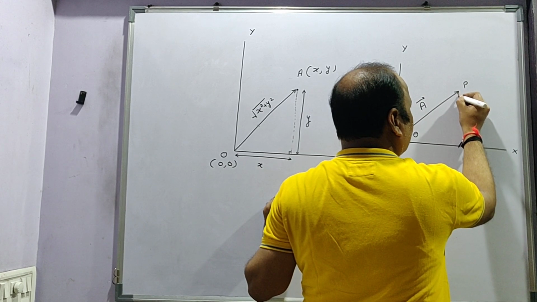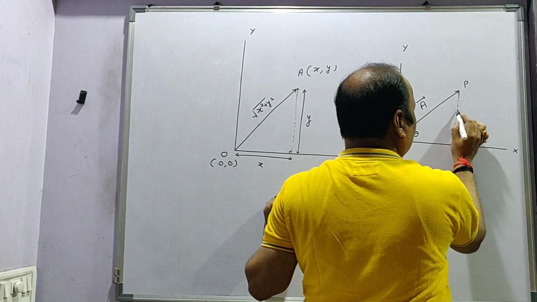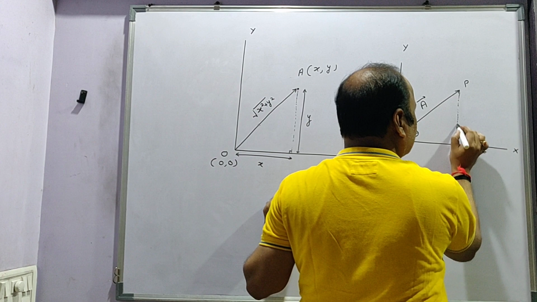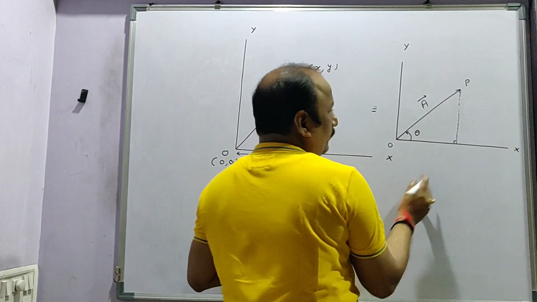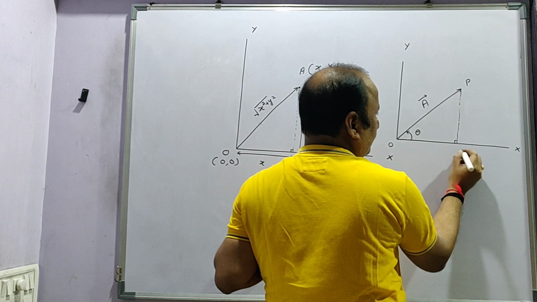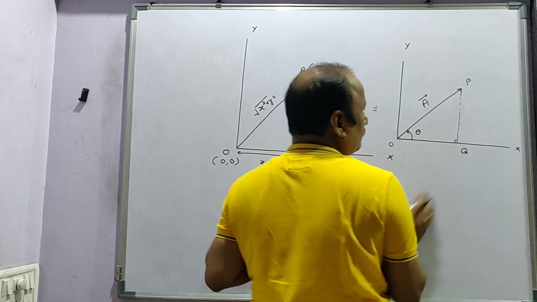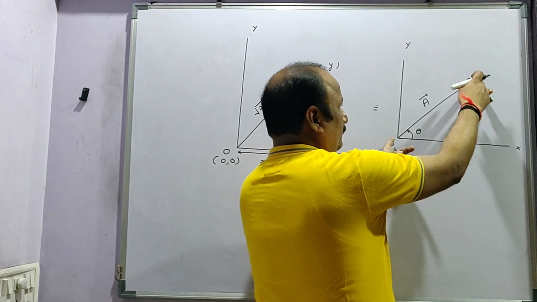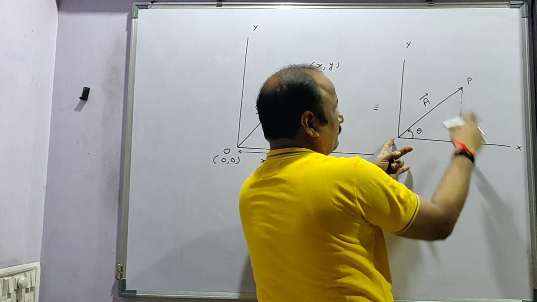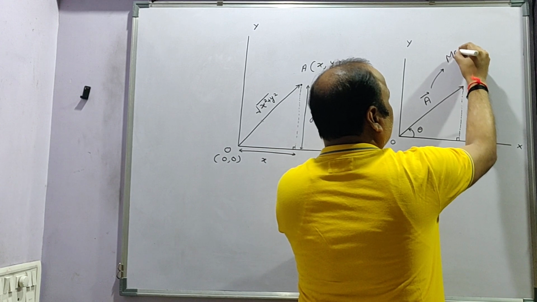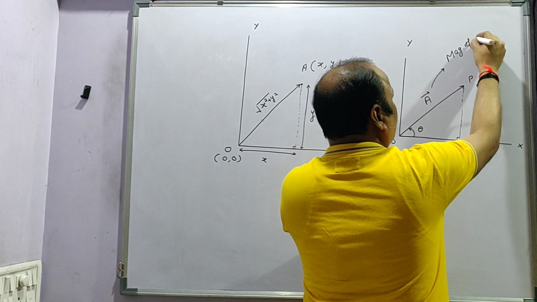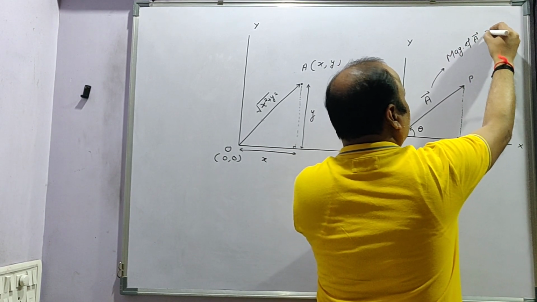Just draw a perpendicular from this. This is the perpendicular. Now this is a point, let us take point Q. The length of this vector in this xy plane, let us take A, that is the magnitude of vector A.